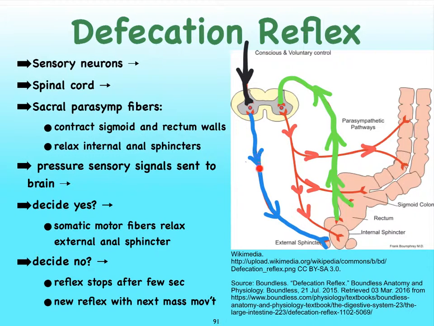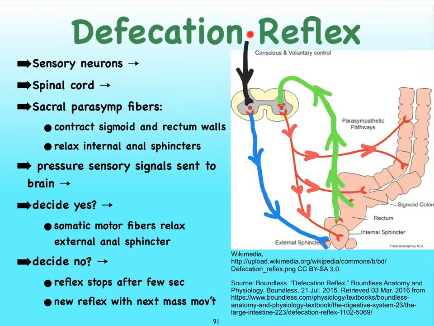In the blue, we have somatic motor fibers that release acetylcholine onto the skeletal muscle of the external sphincter to cause it to relax. And of course, that allows us to defecate. But we can make this a conscious decision.